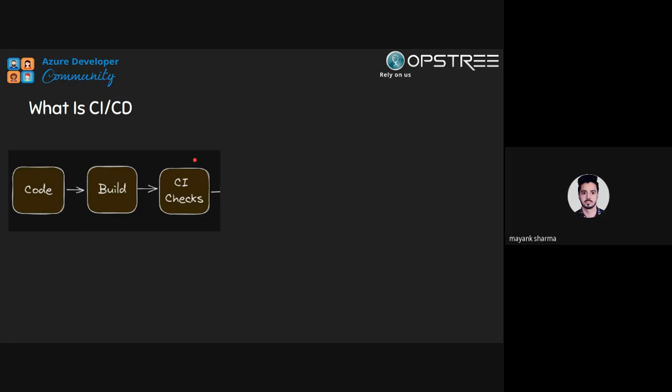Now people argue whether this CI check should come before build or after build. What do you guys think about it? Do you have any comment on that? Both before the building process and after the building process. Exactly, that's what I was going to answer. It depends on your use case. For example, you build the project, and your project takes 10 minutes to build.